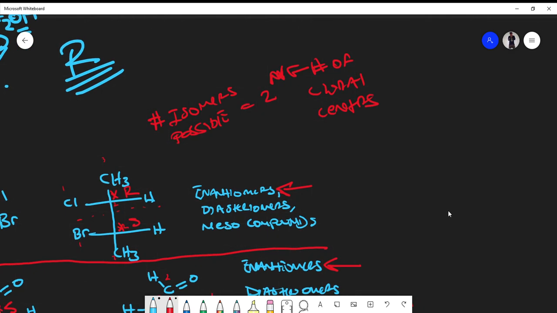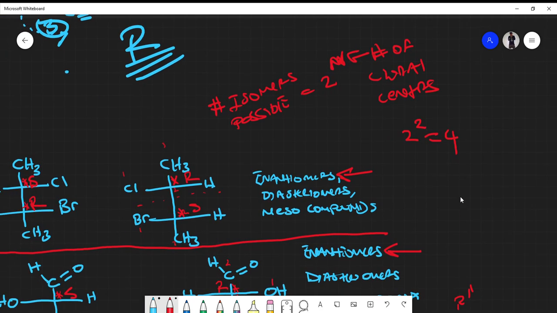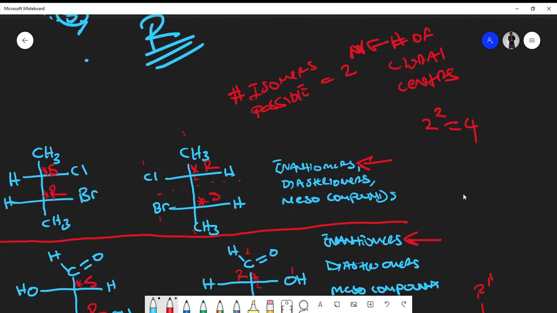Because we have two chiral centers, this would be 2 to the second power, which is 4. So that means we could get a total of 4 stereoisomers from this compound. So this is actually one of the stereoisomers of this compound, and the opposite is true.